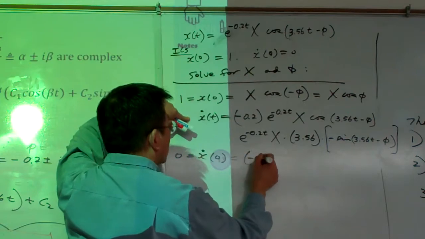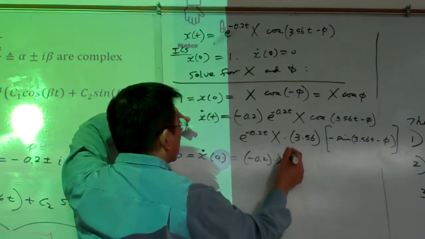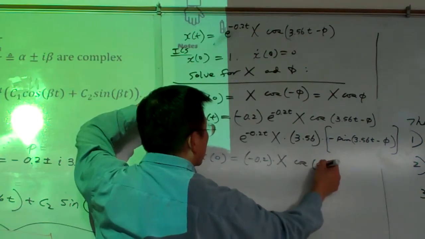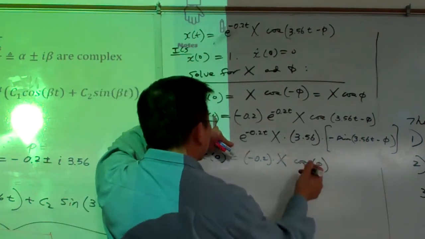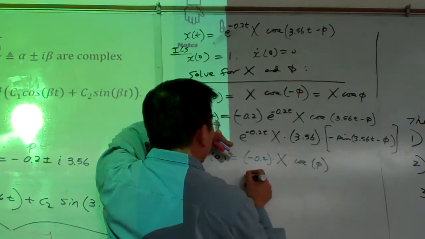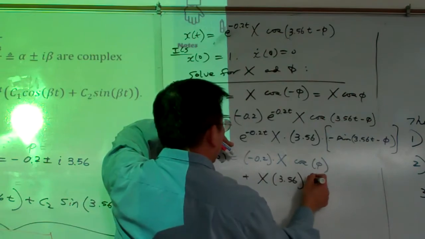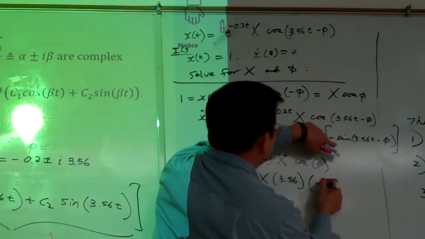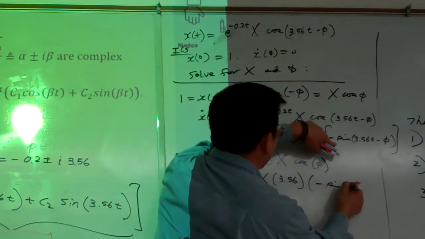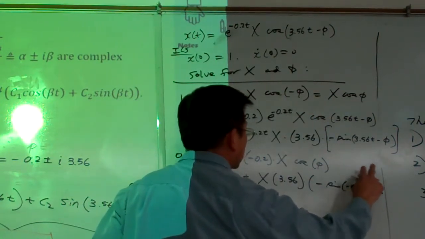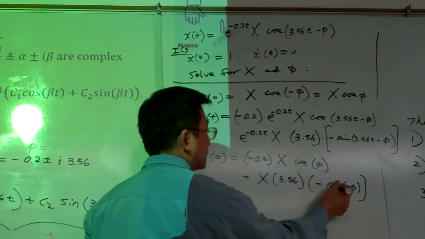So that is minus 0.2 times X times cosine of minus phi, equal to phi, and then plus X times 3.56 times minus sine of minus phi.